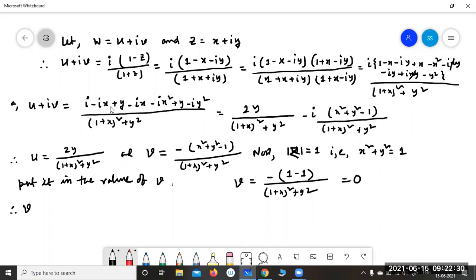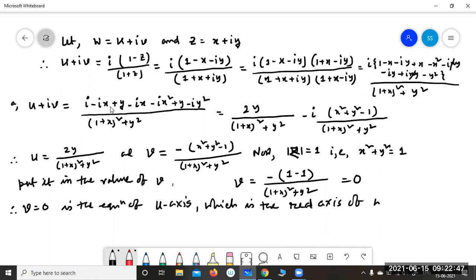So V equal to 0 is the equation of the U-axis, which is the real axis of the W plane, right? Which was our required proof. We have to show that it is mapped into the real axis of the W plane.